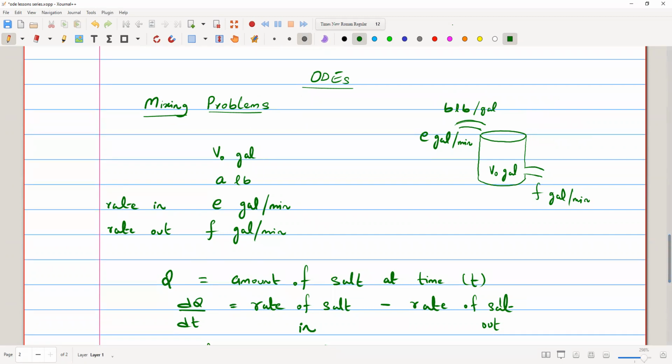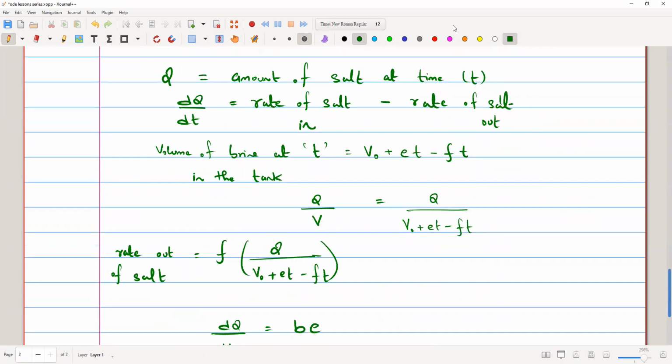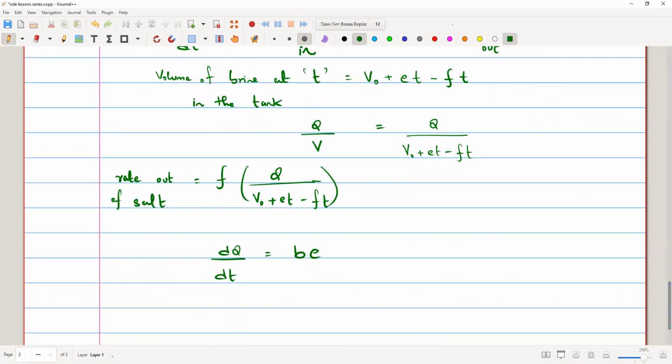Therefore, this is B times E, the rate of salt that is coming in, minus the rate of the salt that is going out, or leaving the tank.